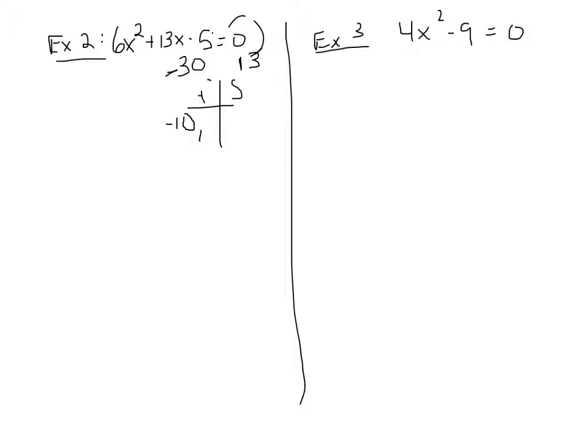I was going to say -10 and +3, but that doesn't do it. How about 15 and -2? Those multiply to -30 and add up to 13. So there's our numbers. Let's rewrite the middle term.